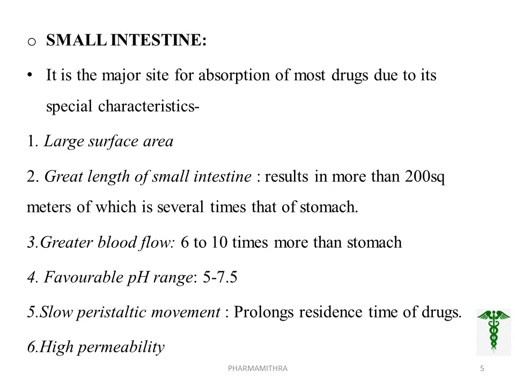Here there is greater blood flow, 6 to 10 times that of the stomach, and the 5 to 7.5 pH range is favorable for absorption. Slow peristaltic movement is carried out. Peristaltic movement means the wave-like muscular contraction seen in tubular structures, especially in the esophagus as well as the small intestine. High permeability is another special characteristic that makes the small intestine the major absorption site.